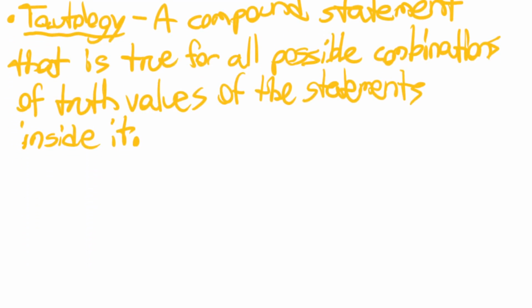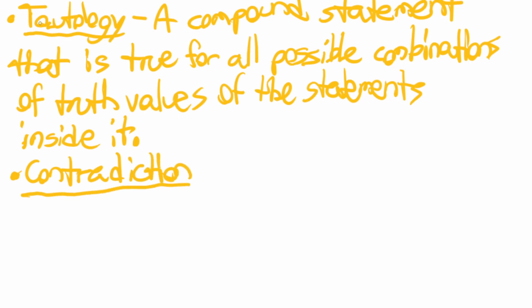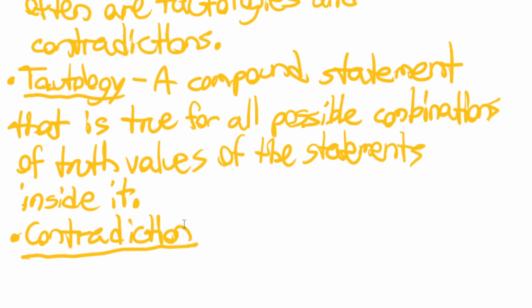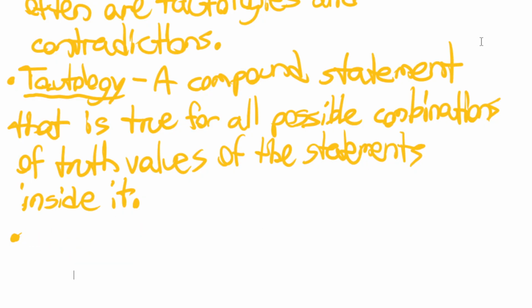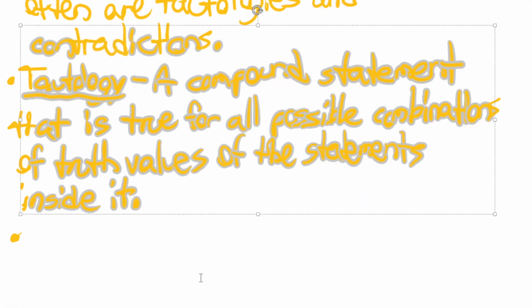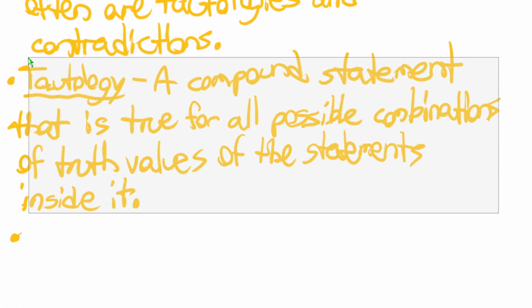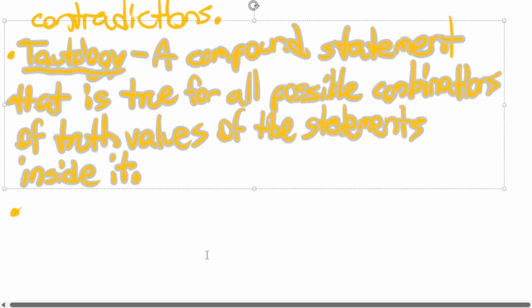And a contradiction is basically the opposite of a tautology, where it is false for every truth value of the statements inside it.